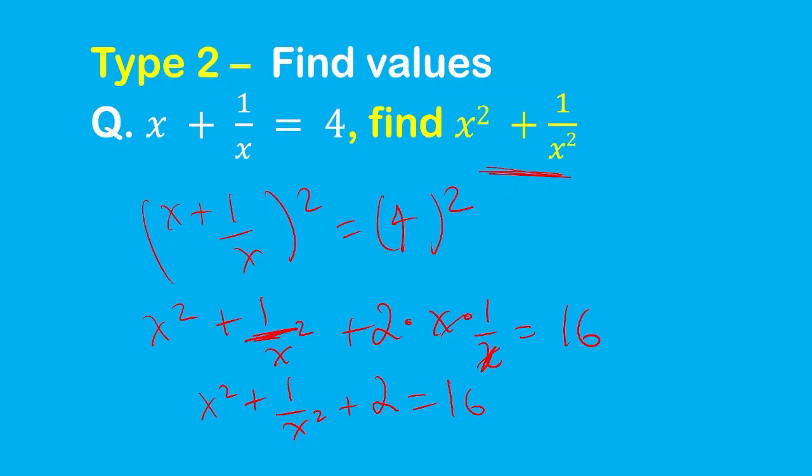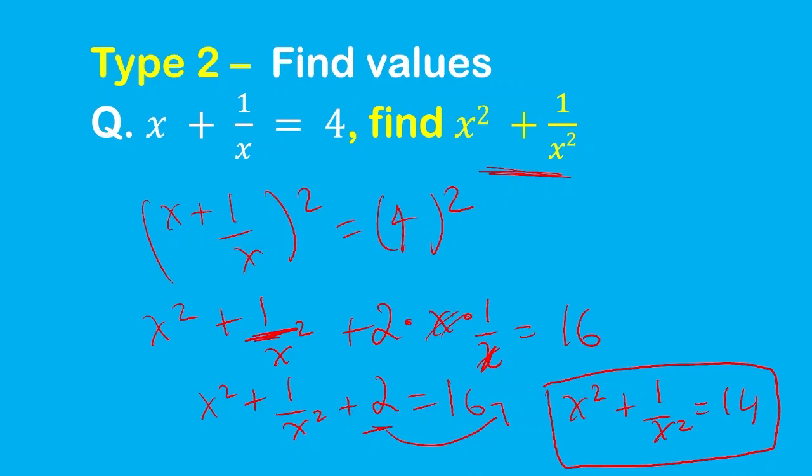Well, here we just saw it cancelled out, and now this 2 can be transposed over here, giving us x² + 1/x² is equal to 14. Whenever you see a math problem which you cannot solve, gather what all information you know, what all identities can be applied.